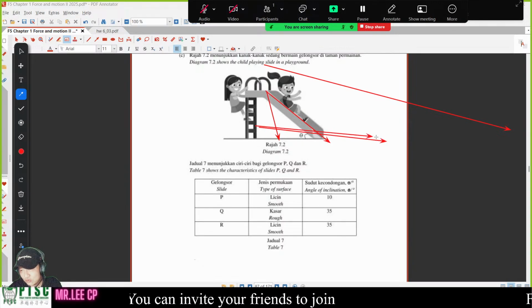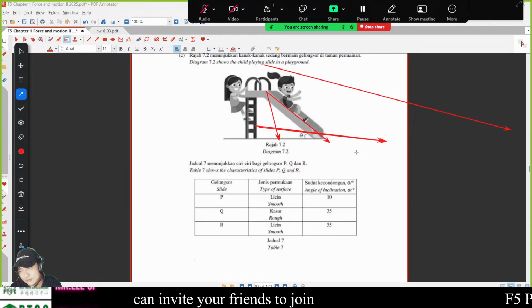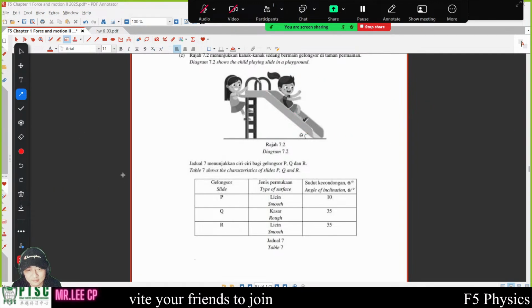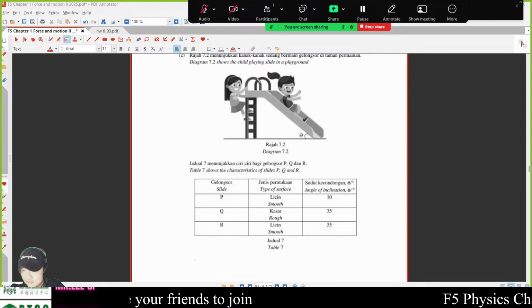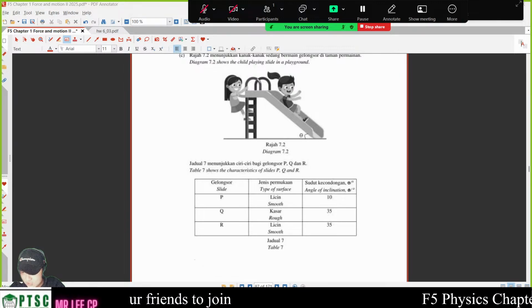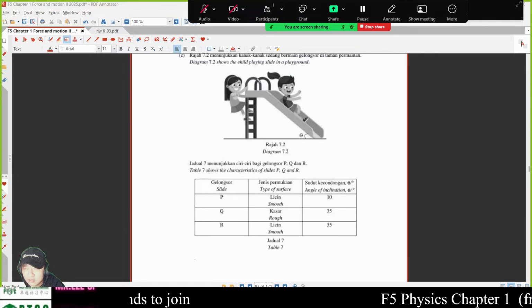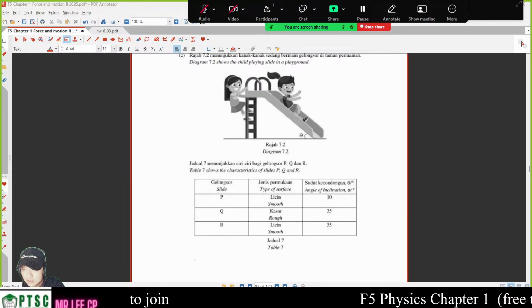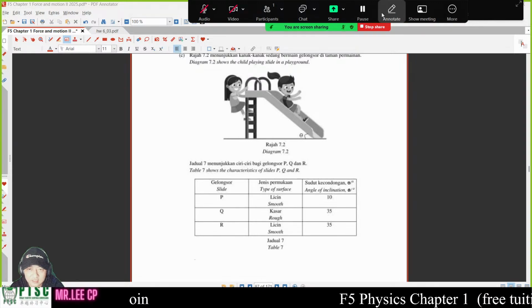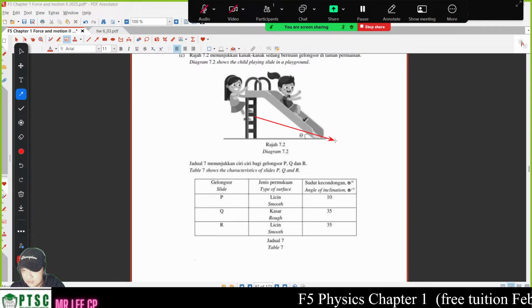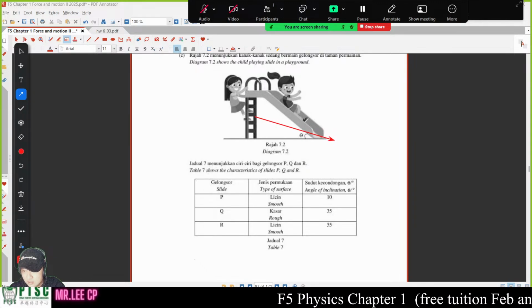If 10, like so, slow. Smooth, 10 or 35. What do you think? 35, this one is like 45. 35, I think it is quite okay. So the angle has to be small.